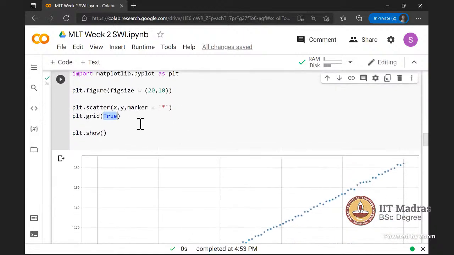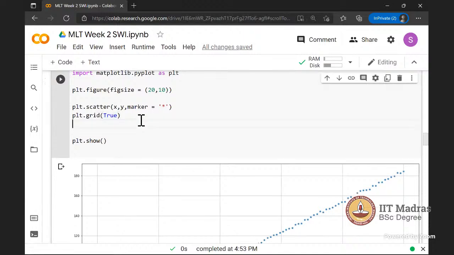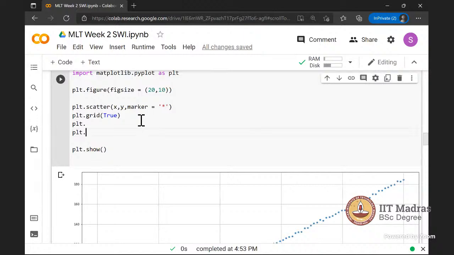Okay. What happens if I want to provide titles to the x and y axes? plt.xlabel, ylabel. Yes. So on xlabel, let's say x feature, and ylabel, y.